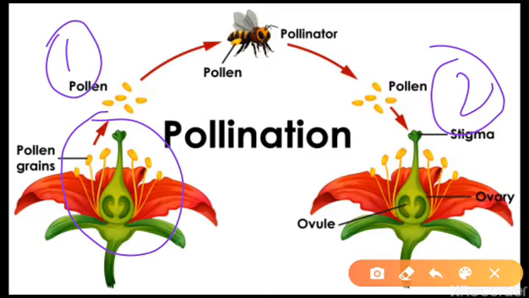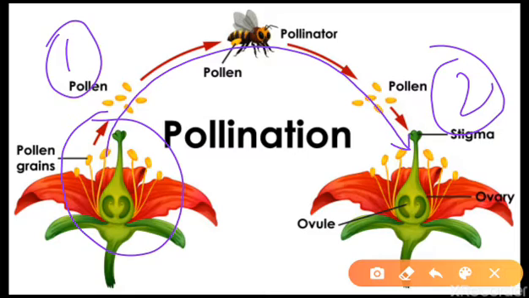If the pollen grains migrate over here, this is called cross pollination. The exact answer is that the transfer of pollen grain from the anther of a flower to the stigma of another flower of a different plant is known as cross pollination.